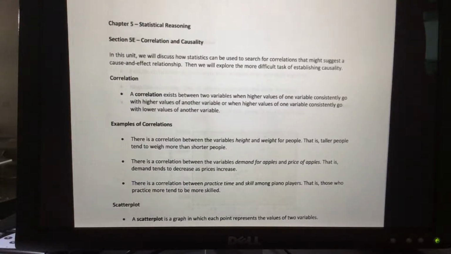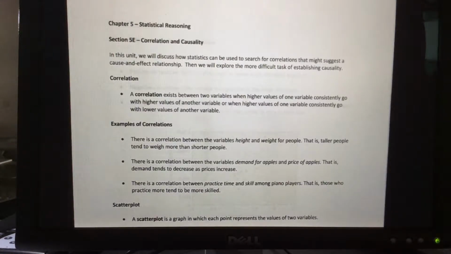Okay, let's talk about what a correlation is. Correlation exists between two variables when higher values of one variable consistently go with higher values of another variable, or when higher values of one variable consistently go with lower values of another variable.